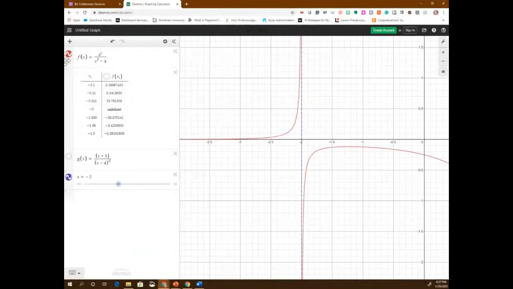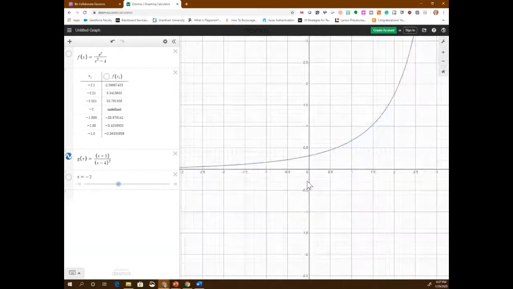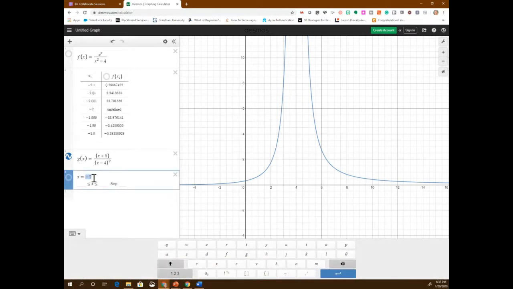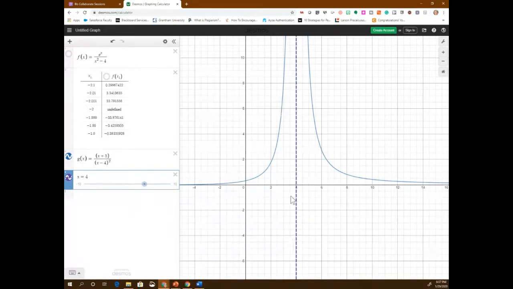So I have already entered in that graph and what it looks like. I'm going to just zoom out. This is what the graph looks like that we're given for example 4. And then we're saying what happens when x approaches 4. So I'm going to put that on the graph as a dashed line so I can see what happens when I'm going towards there. When x is approaching 4, which is my dashed line here, if I'm going from left to right, I'm going up and up towards positive infinity.